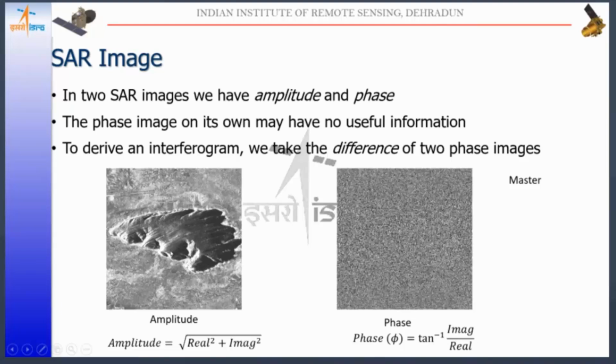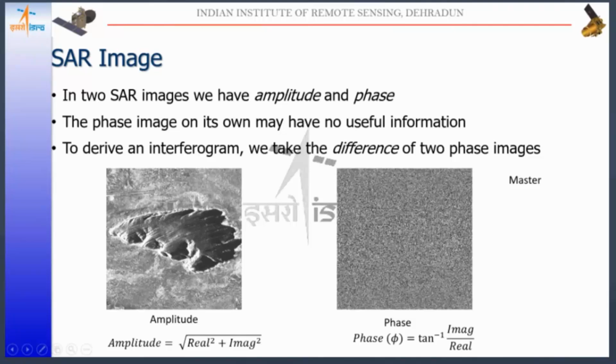If we have the SAR SLC product, as in my previous webinar we have seen different products: the raw product, the SLC product, the ground range product, and the ellipsoid corrected products. But for SAR interferometry, which product do we have to use? We have to use the SLC image, because it is a processed image and it has the phase information.